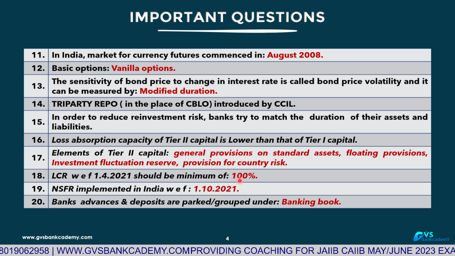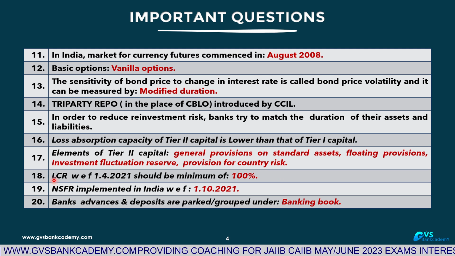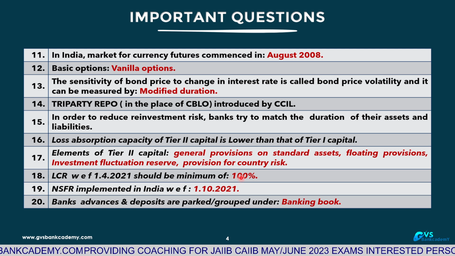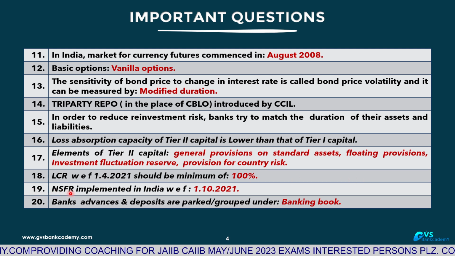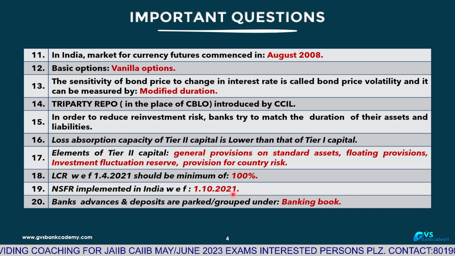Liquidity coverage ratio, effective from 1st April 2021: the applicable percentage is a minimum of 100% of net cash outflows during the next 30 days. Next, the net stable funding ratio was implemented in India effective from 1st October 2021.